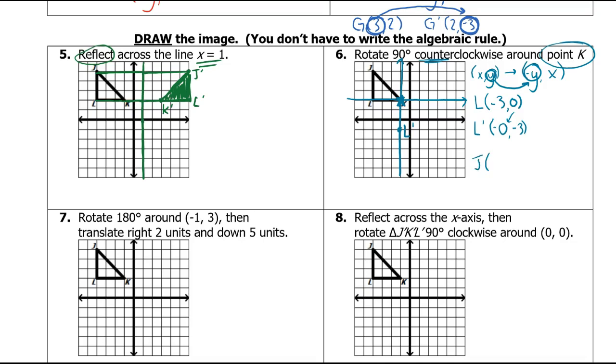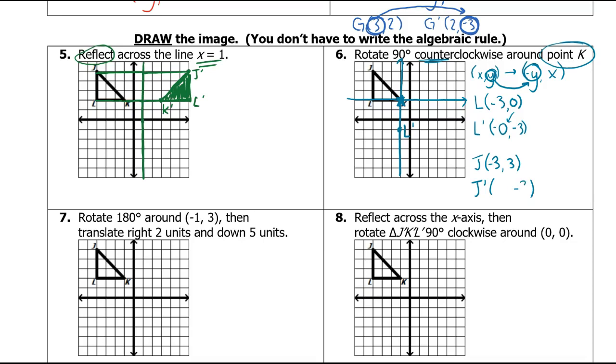Let's do this trick for J as well. From the fake origin, the coordinates of J would be negative 3, 3. If we follow our rule, we need to do a couple of things. First, they swap places.